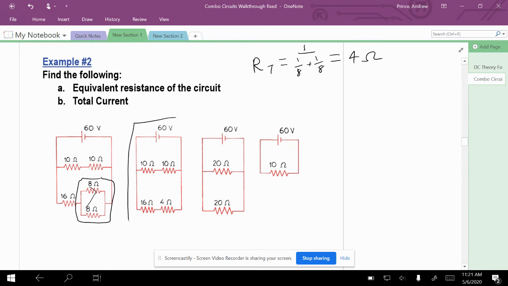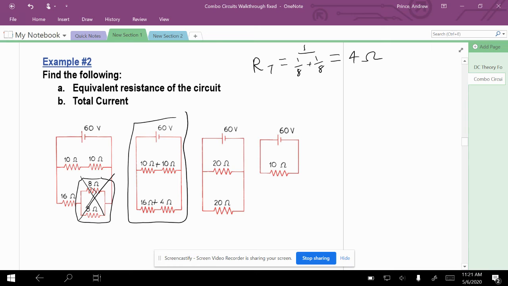Now, when we get to this step, which all we did was by eliminating this and giving a single resistor value, now we have two series circuits that are both connected in parallel with each other. So what we can do here is pretty easy. Series, we're just going to add those values together, right?